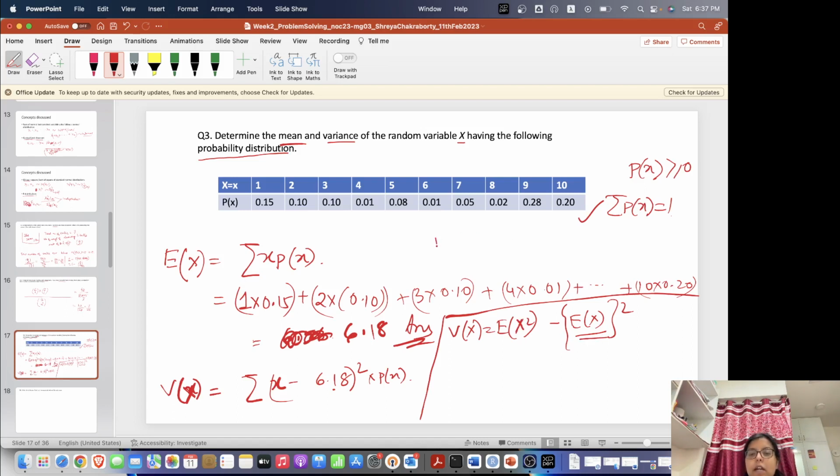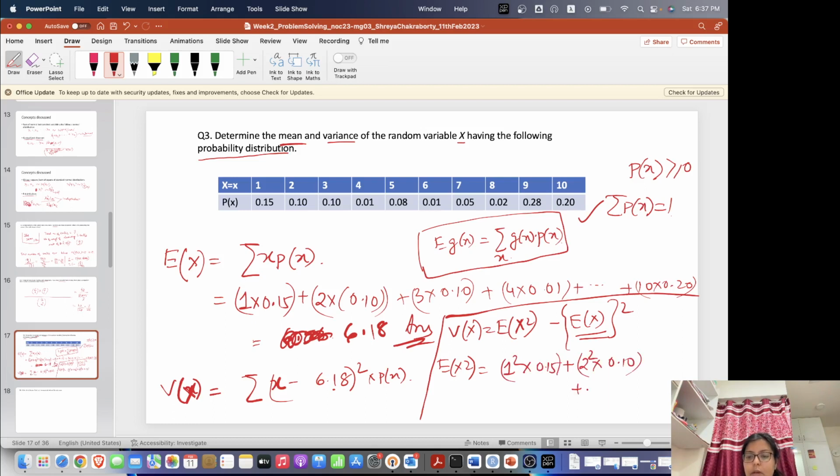If you remember, expectation of g(x) was nothing but summation g(x) into probability of x over all values of x. Here g(x) is nothing but x square. So expectation of x square will be 1 square into 0.15 plus 2 square into 0.10 plus dot dot 10 square into 0.20. Calculate this one and see what you are getting.